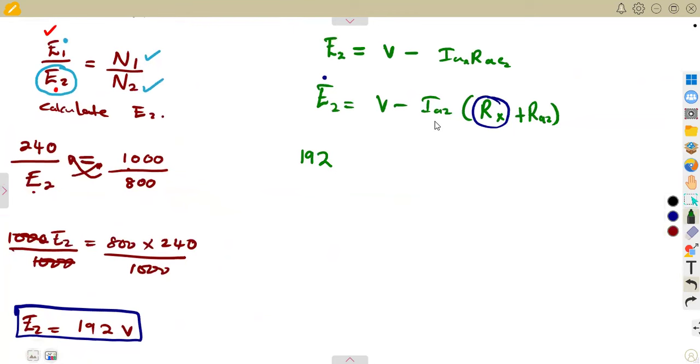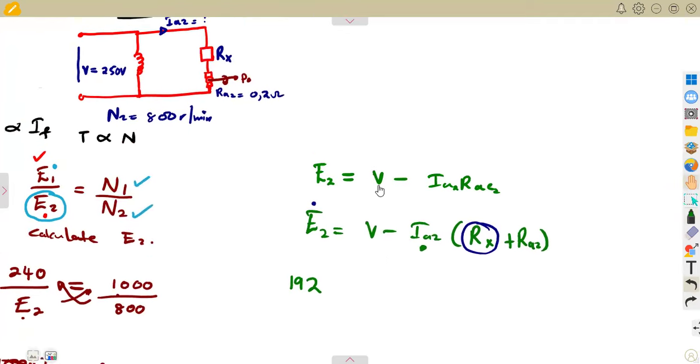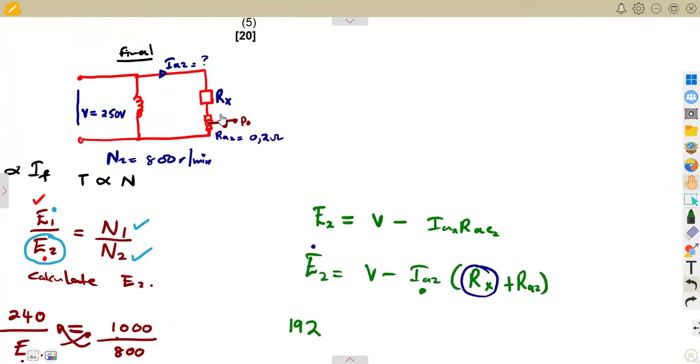All right, so we do not have the armature current 2 there. So what is going to happen with our armature current 2 in a condition like this one?